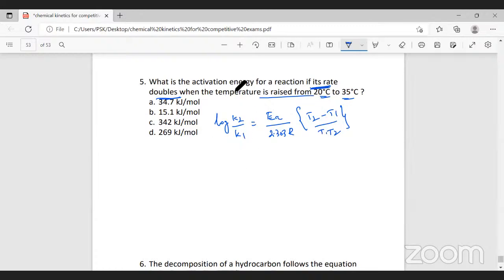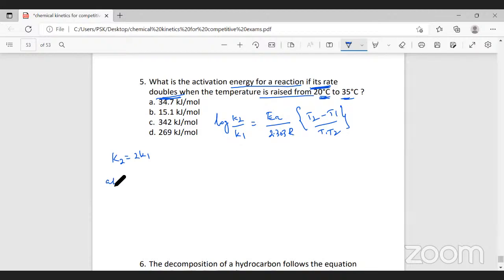See, the statement clearly says, if the rate doubles, I can write K2 is equal to 2 times K1. K1 is the rate constant at low temperature. K2 is the rate constant at higher temperature. So when you increase the temperature from 20 to 35 degrees Celsius, the rate constant doubles, they say.